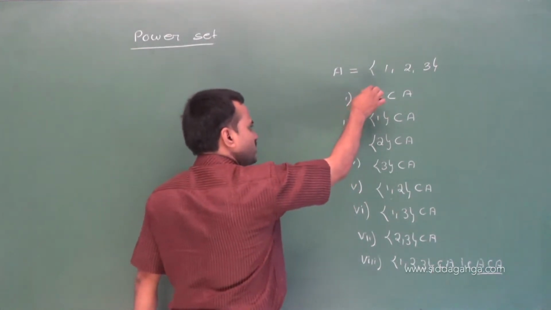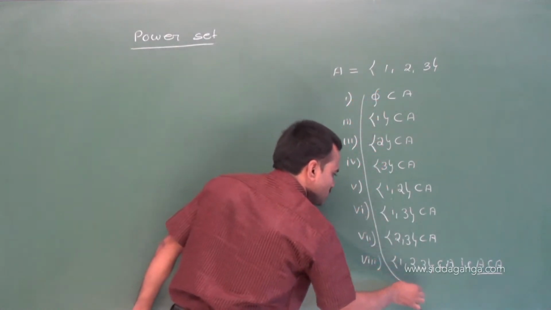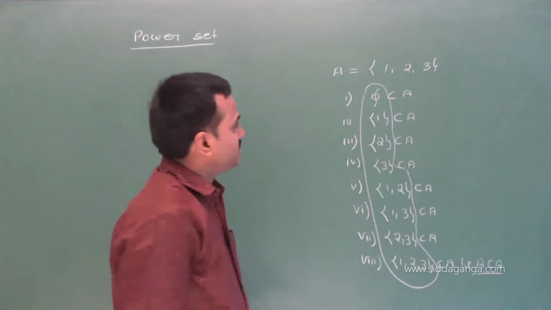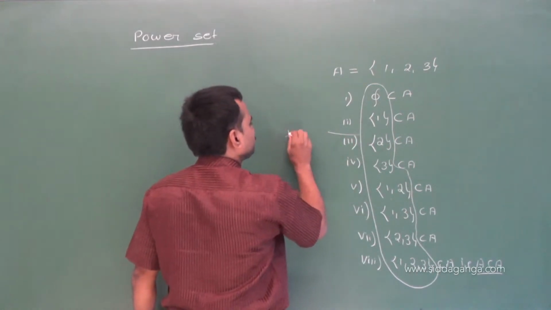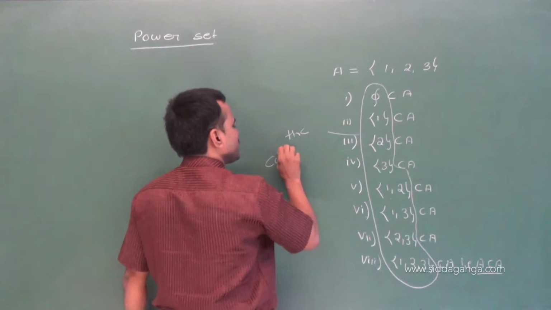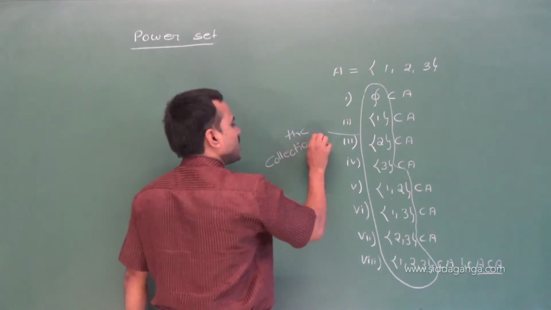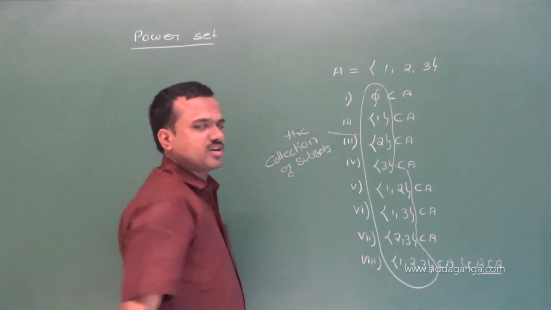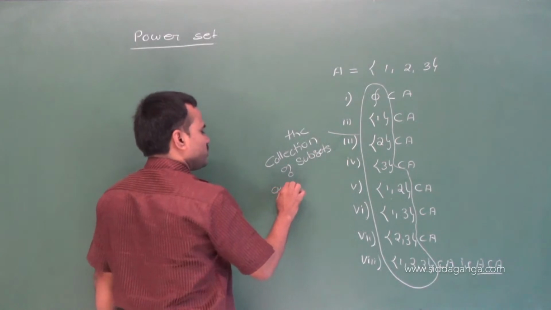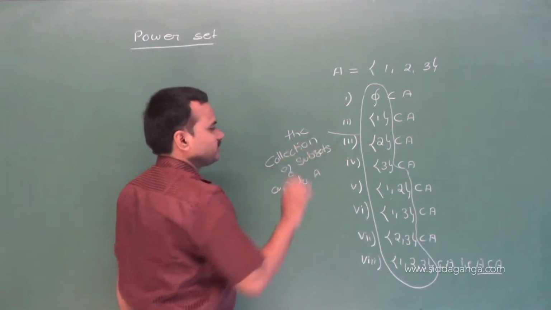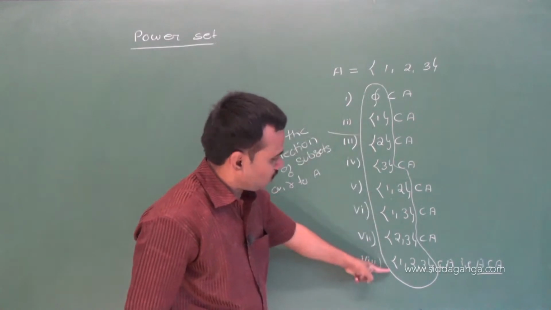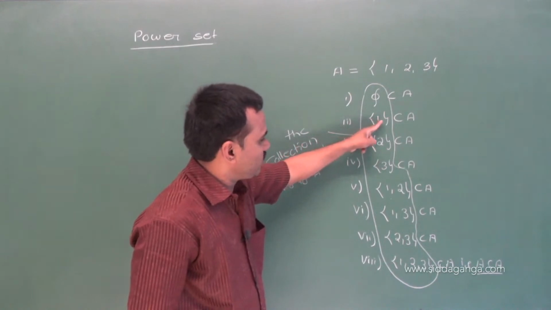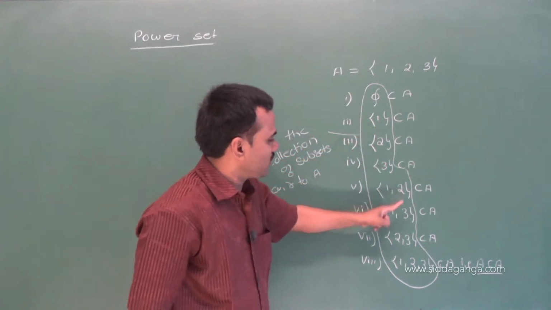See, observe here. These are all the collection of subsets with respect to A. What do we have? The empty set, the sets with one element, 2 elements: {1, 2}, {1, 3}.